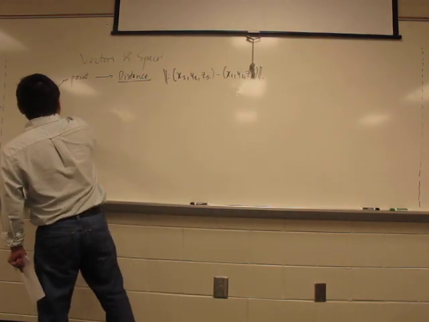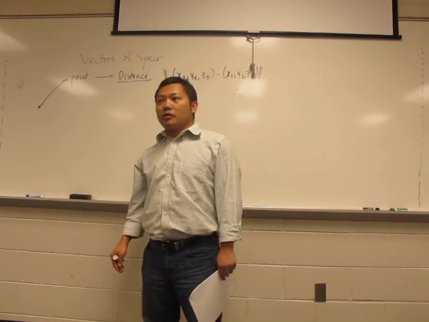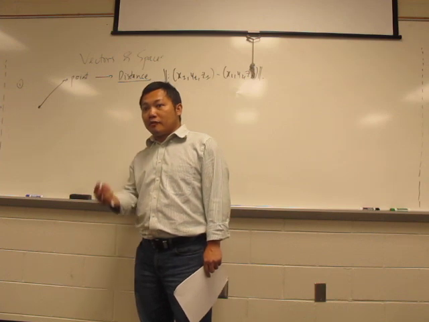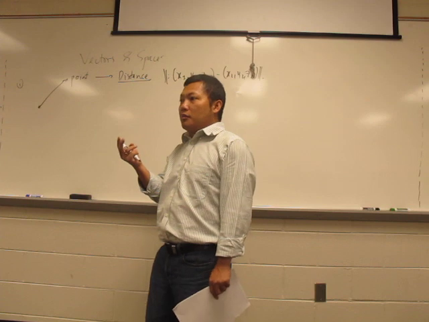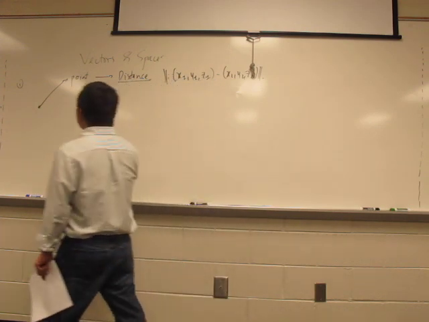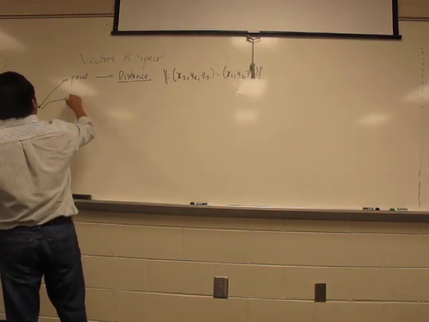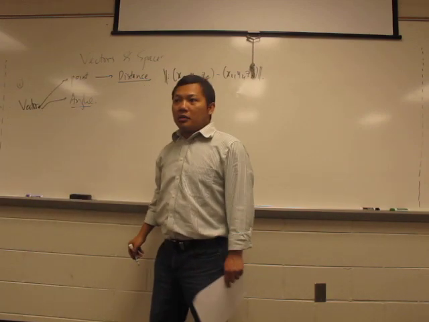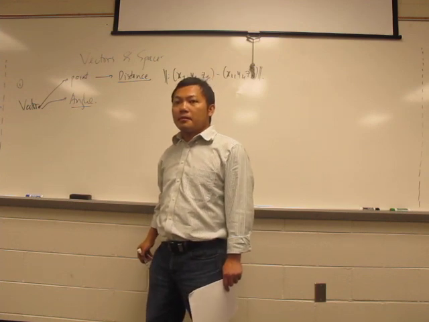What else? If you have two vectors, what do we want to know about them? We want to know about the angle, right? Do you remember the formula of the angle between two vectors?